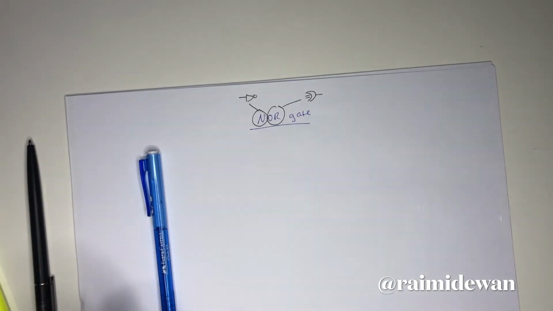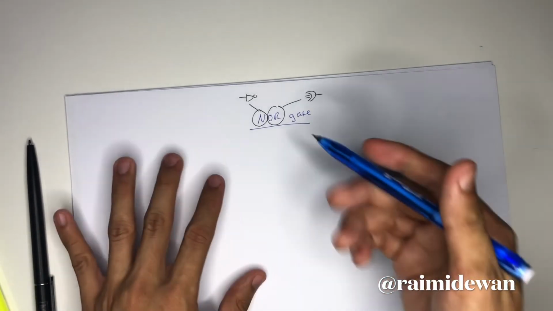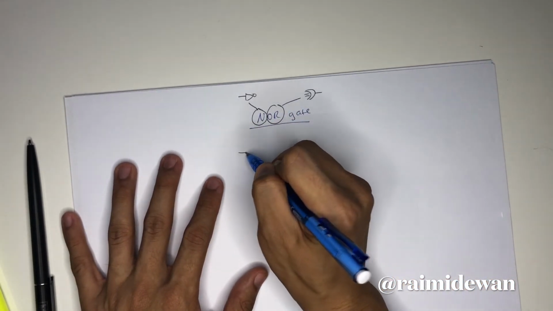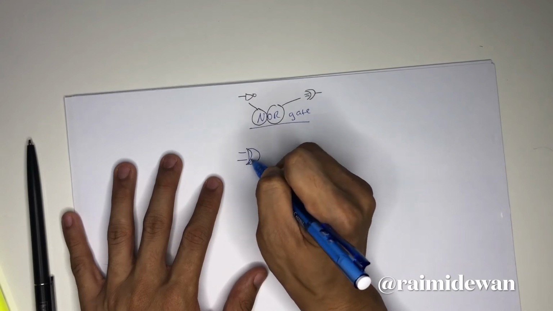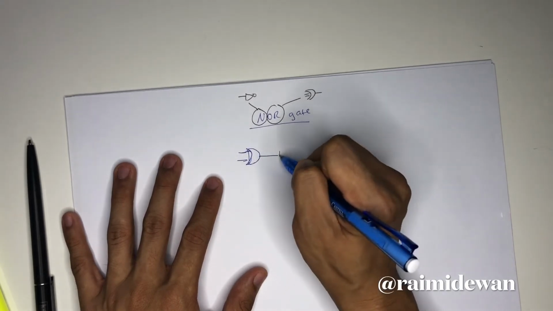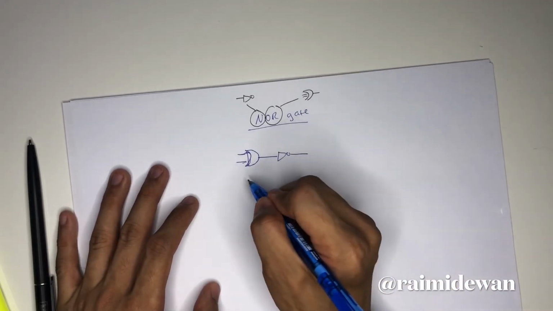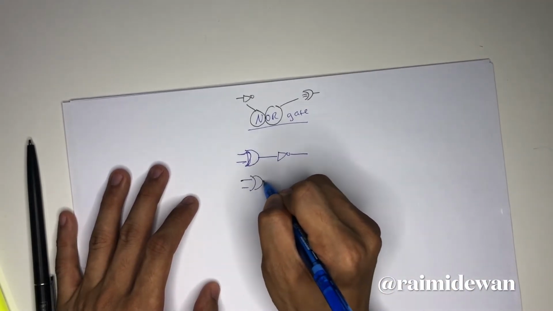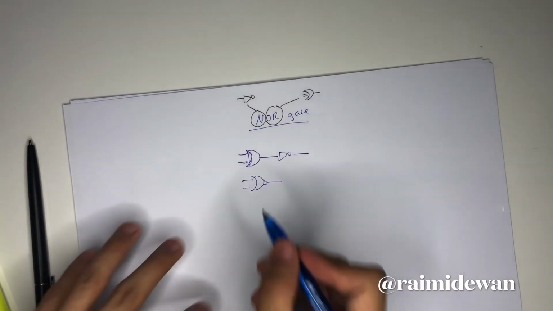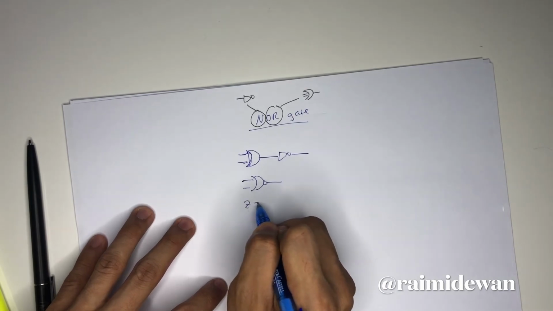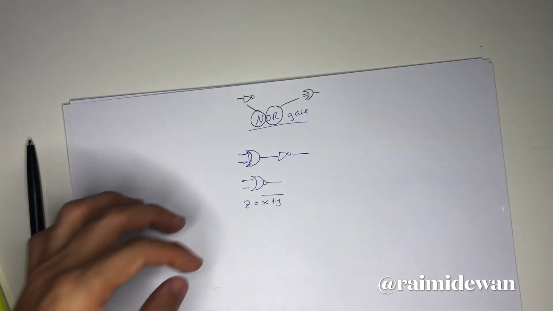It's also a universal gate. It is the contradiction of OR, okay? It will pass through the OR gate first, and after that it will pass through the NOT gate. So what is the logic expression? Yes, it is z equals x plus y, inverted.